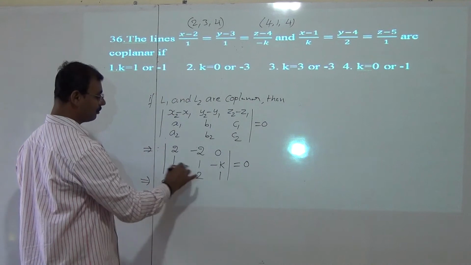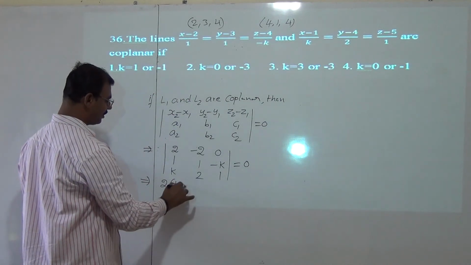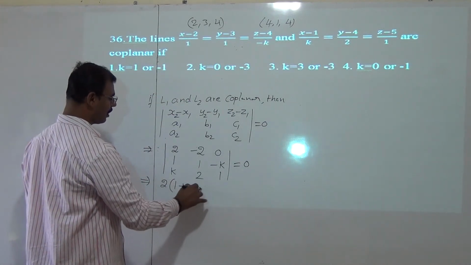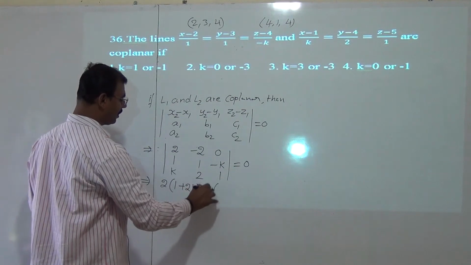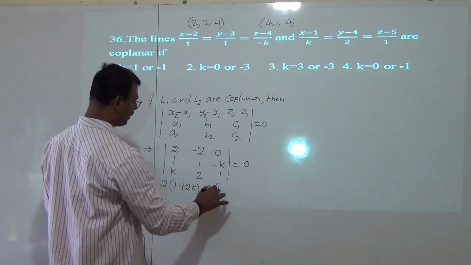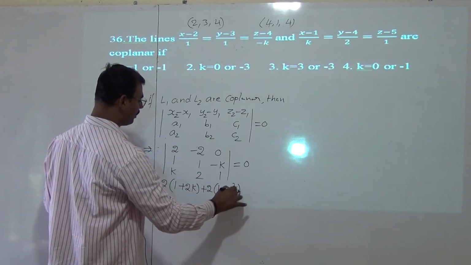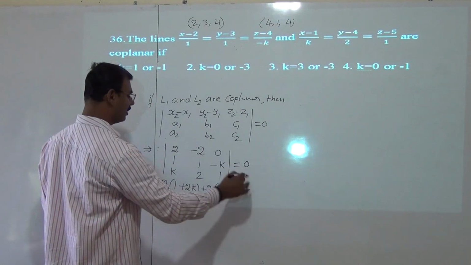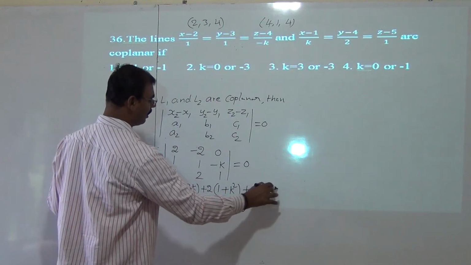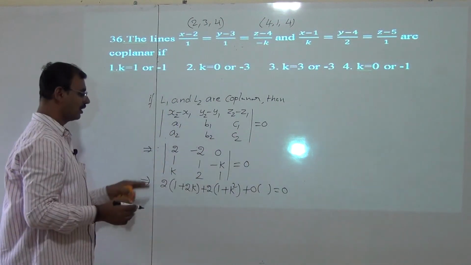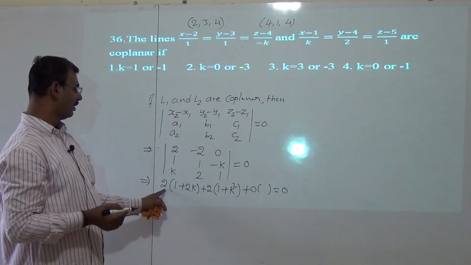2 into (1 plus 2k) plus 2 times bracket (1 minus k²) means 1 plus k² plus 0 into, also becomes 0 here, anything whatever it is, that is 2 minus k.